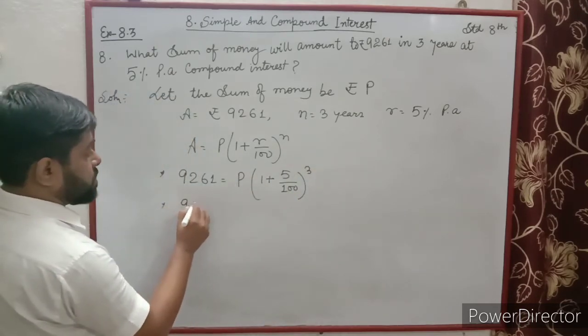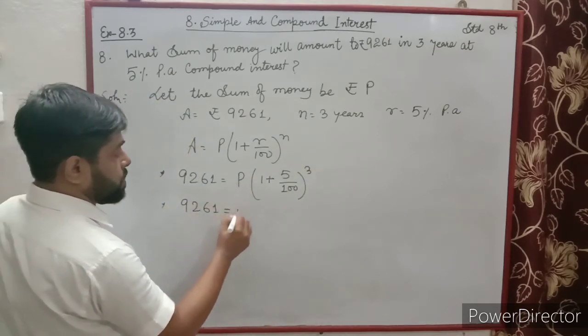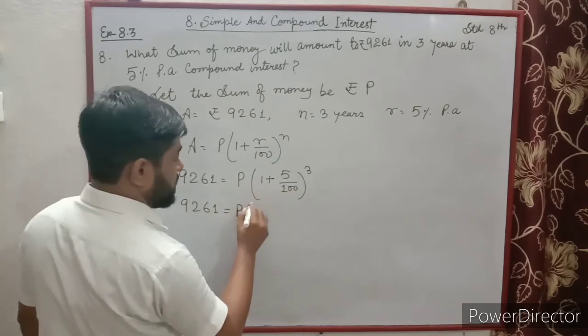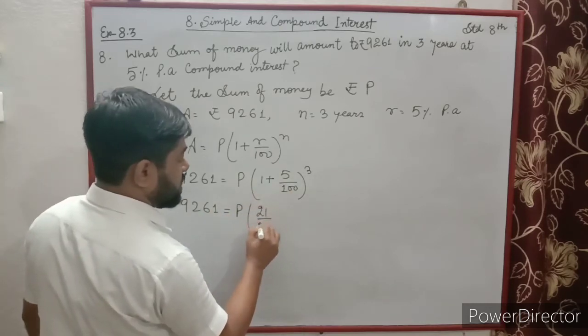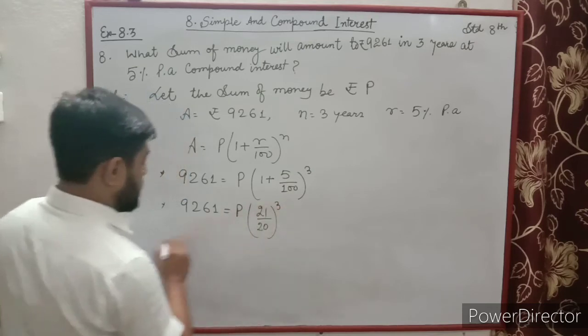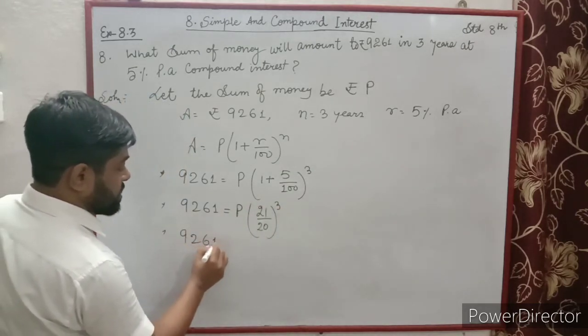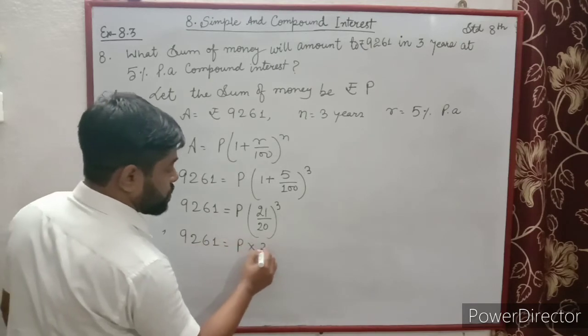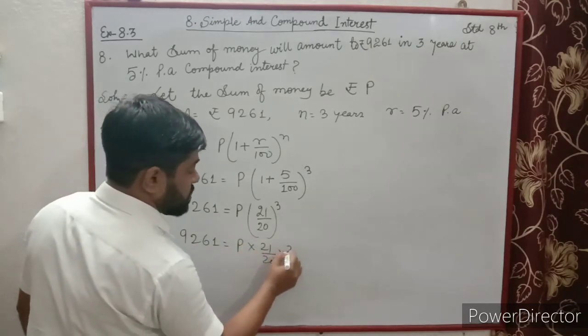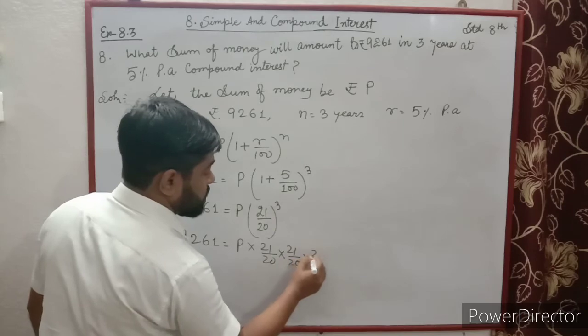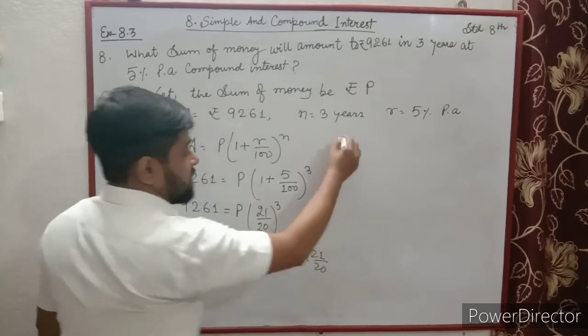Now 9,261 is equal to P. After calculation we have (21 by 20) to the power cube. Now 9,261 is equal to P into 21 by 20, 21 by 20, 21 by 20.